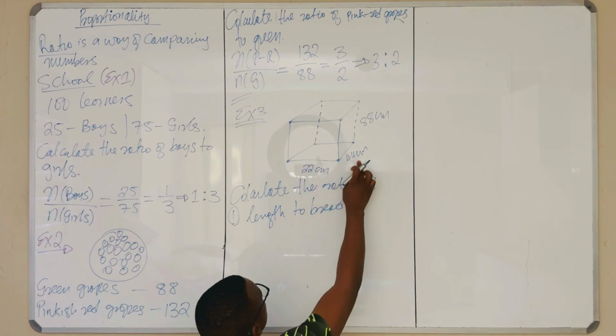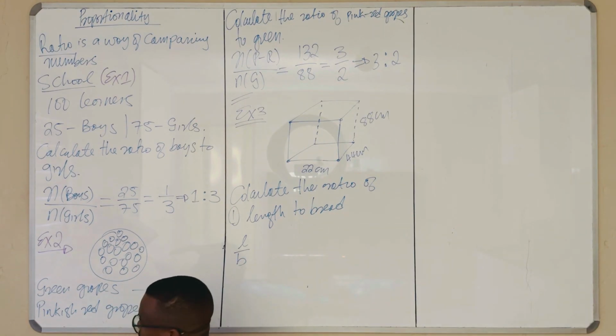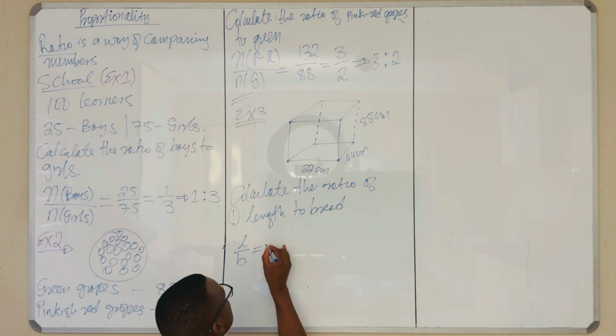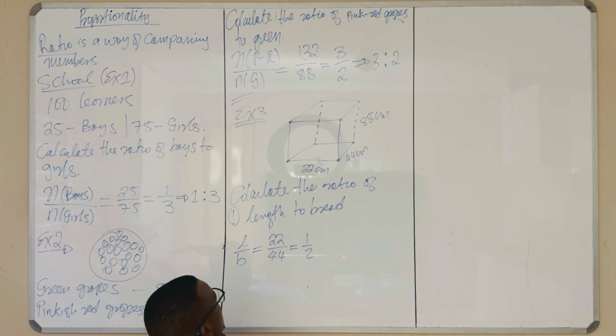So this is your length, this is your breadth. In that case, you say, okay, easy. It will be my length over my breadth. Does it make sense? Yes. So it will be 22 centimeters over 44 centimeters, which is equal to a half. Are you happy with that?